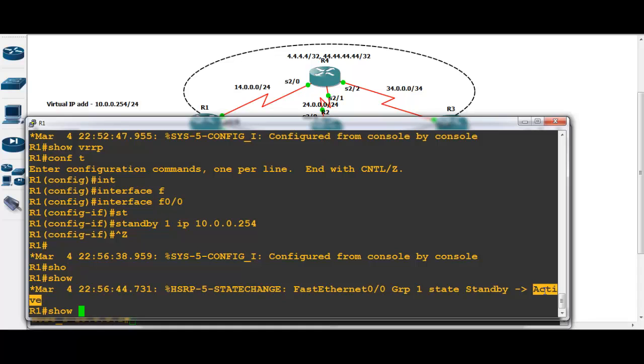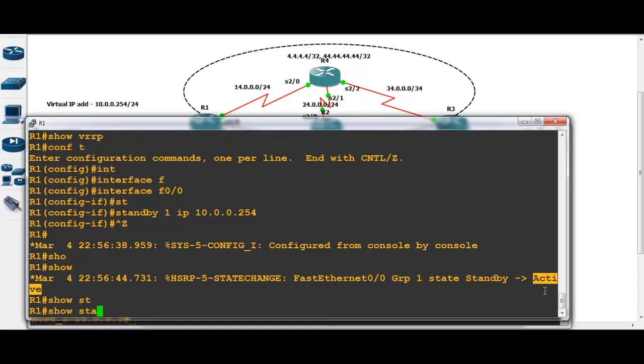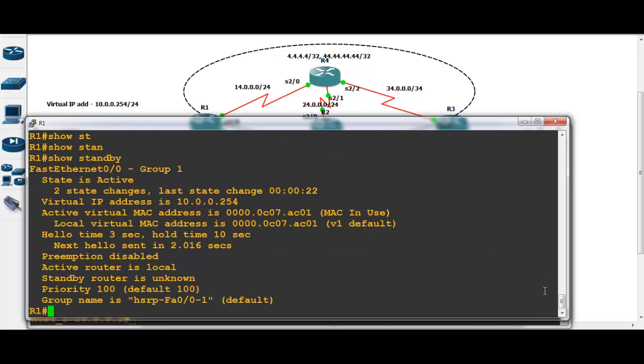So now show standby. I can see that this is the active device, and see the MAC address 0000.0C07.AC, which is the HSRP ID, and this is the group ID, and that's the MAC address in use.